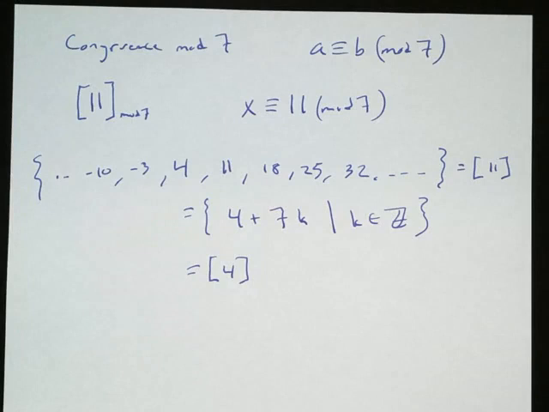How many other classes are there in this relation?